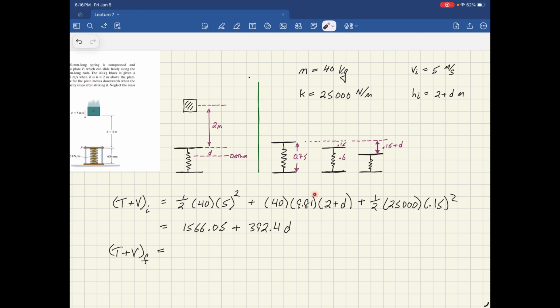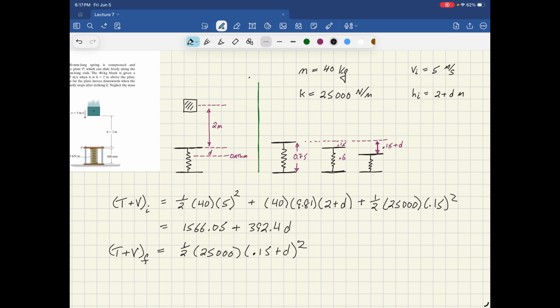There's no height above the datum, so the only thing that it has is going to be spring energy, and that will be 1/2 times the spring constant, so 25,000, times 0.15 plus D. And this term gets squared.